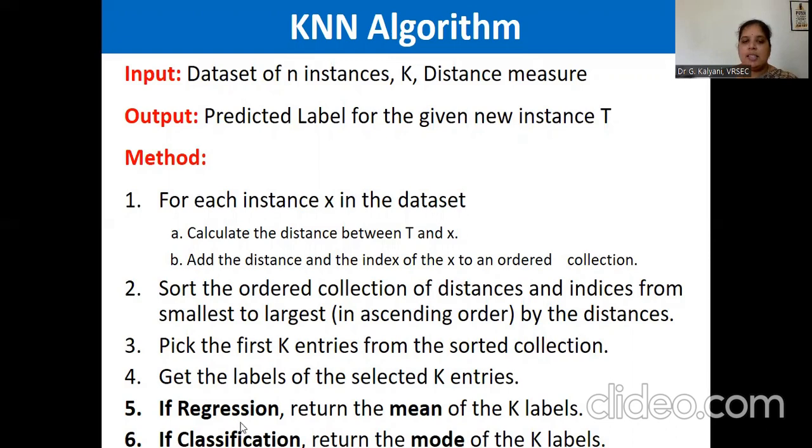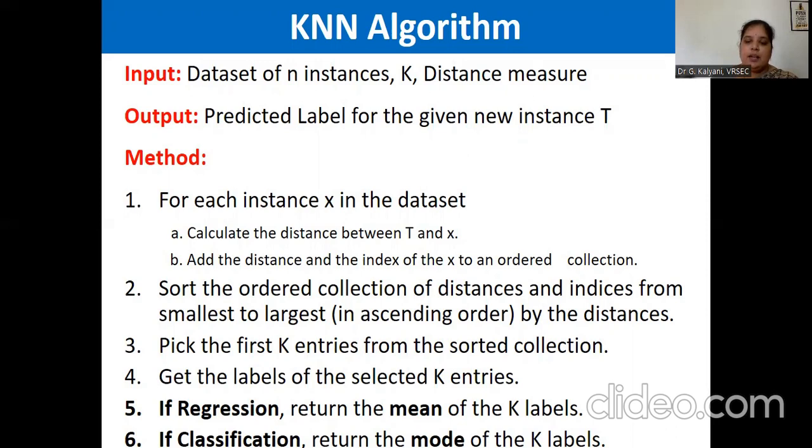So if your task is regression, meaning the selected labels are numerical, then simply take the mean of all those k labels. If your task is classification, because your selected labels are strings or categorical, then simply the mode of the k labels will be considered. Mode means the label which occurs the most number of times, that is the majority.